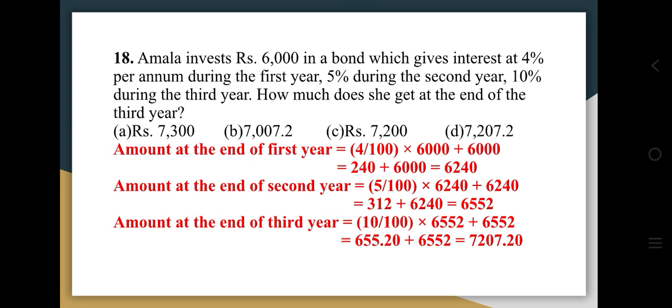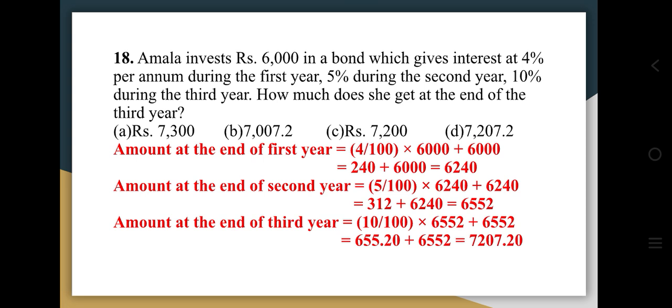So 5 by 100 into 6,240, that is the interest for the second year, plus the amount 6,240. On simplification, we get 312 plus 6,240, that is 6,552. So this is the amount at the end of second year.